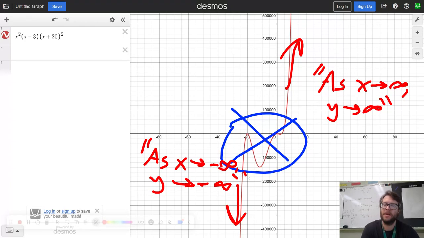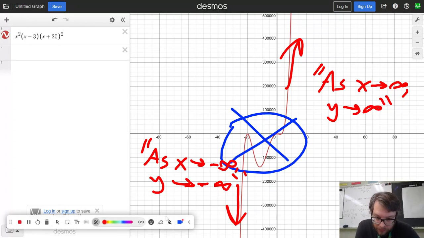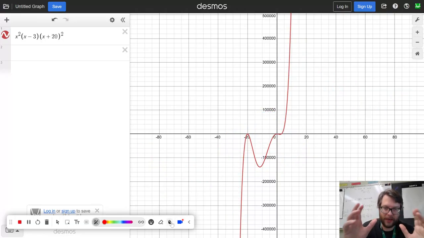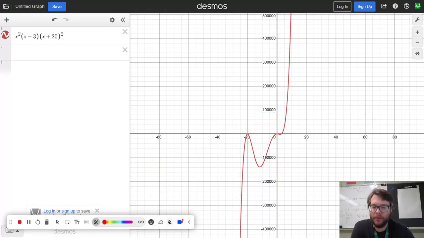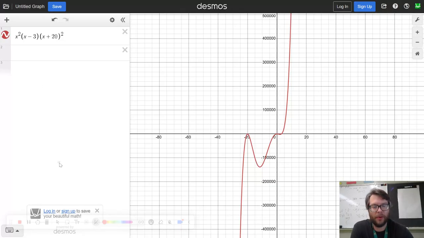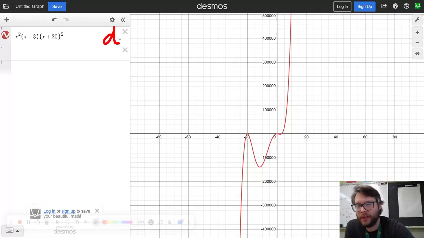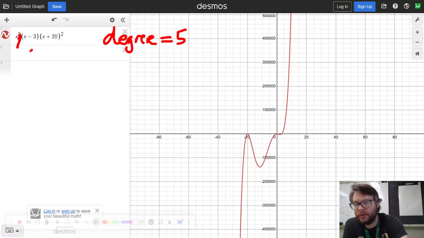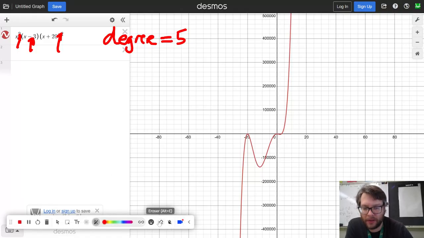Okay? Now, how are you supposed to know that if you don't have the graph? What you do is you look at two things. You look at the degree and you look at whether it is a positive or negative leading term. This one right here has a degree of 5. Why 5? I have 1, 2, 3, 4, 5. I'm counting up how many x's there are when I multiply them.